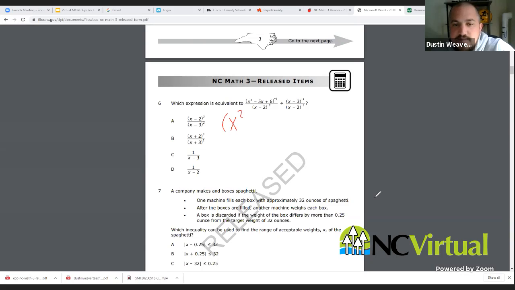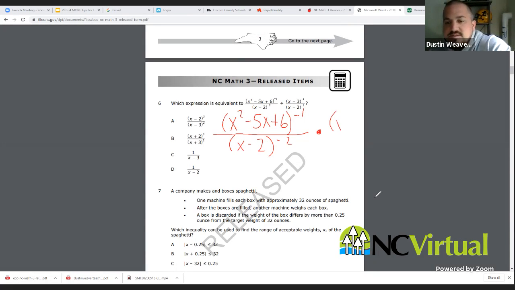So I'm going to say x squared minus 5x plus 6 to the negative 1 over x minus 2 to the negative 2 times, instead of divide, x minus 2 to the negative 2 over x minus 3 to the negative 1. So you see, I just flipped it.